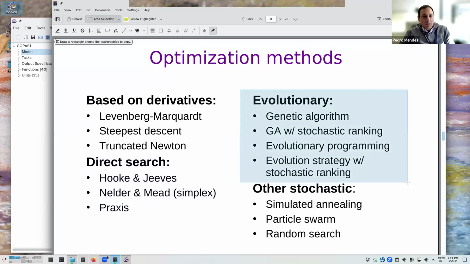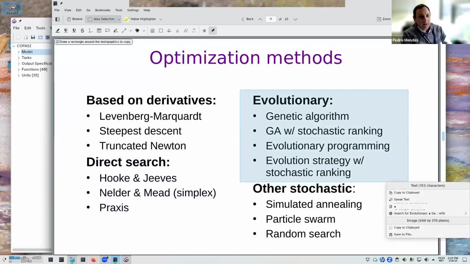These algorithms mimic natural evolution, so they create populations of guess solutions, and they combine and recombine them in ways similar to how populations of animals and plants mate and create new individuals, which eventually, after many generations, become very, very optimized towards their environment.